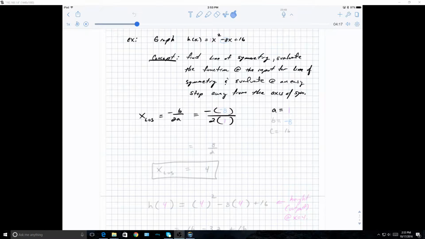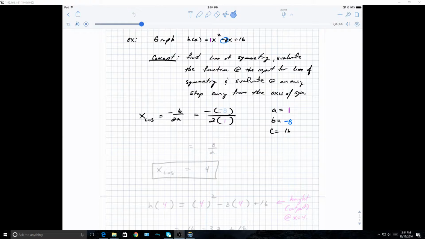So a is equal to, b is equal to, and c is equal to, even though we don't need c. A is 1, and that came from 1x squared, and b is negative 8, that came from the linear term, which we discussed in lecture, and c is 16, which we don't need, and that's the constant.